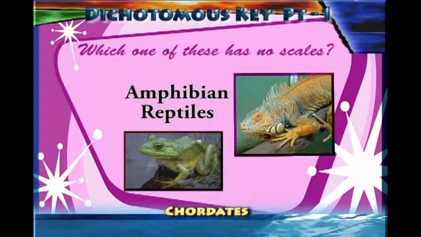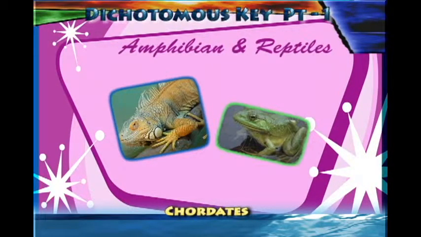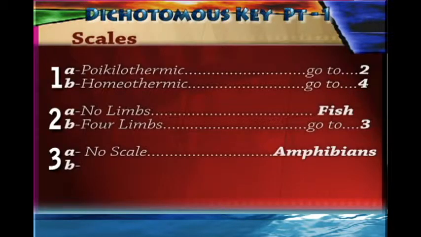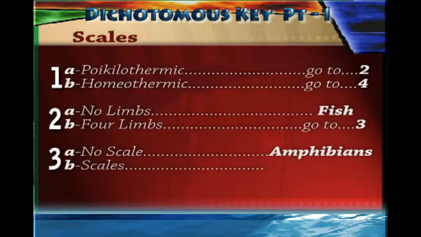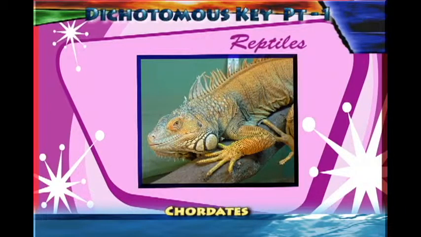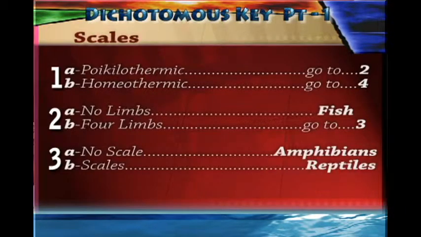If you look at the reptiles and the amphibians, you will find that the amphibians do not have scales on their body. Therefore, at the end of the question we write the identity of the amphibian. And among the reptiles and amphibians, it's the reptiles that have scales. At the end of the question of the scales, we write the identity of the reptiles.